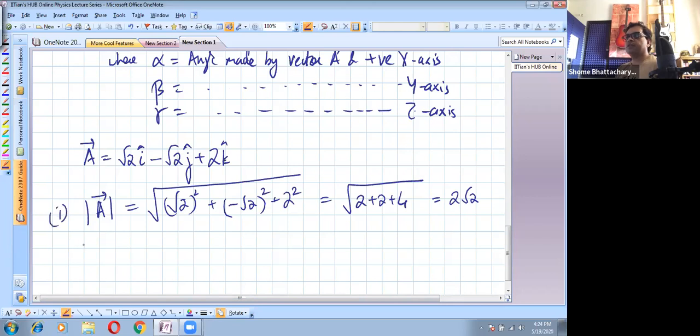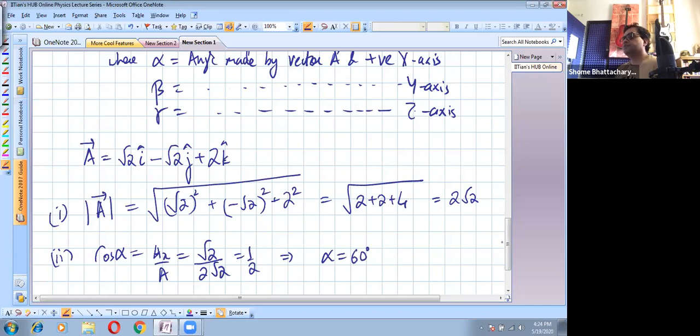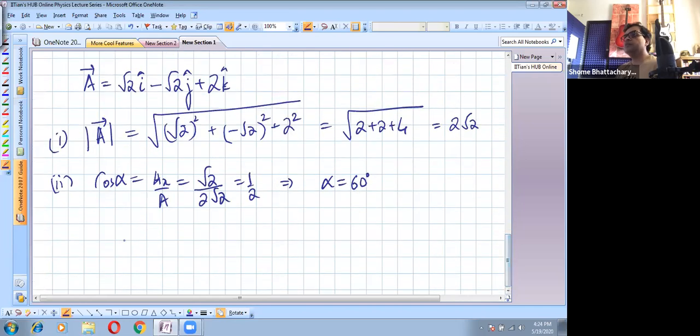Now about the direction cosines, cos alpha, according to the formula, is ax upon mod. So that is root 2 divided by 2 root 2, or half. So that means alpha is 60 degrees. Similarly, cos beta.